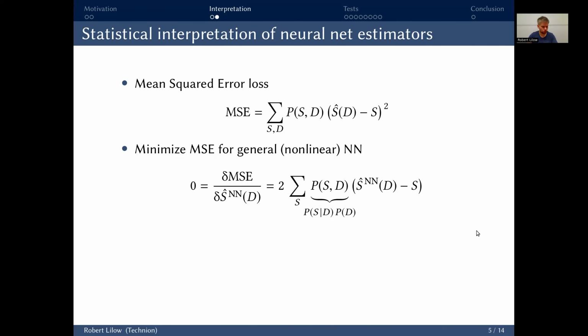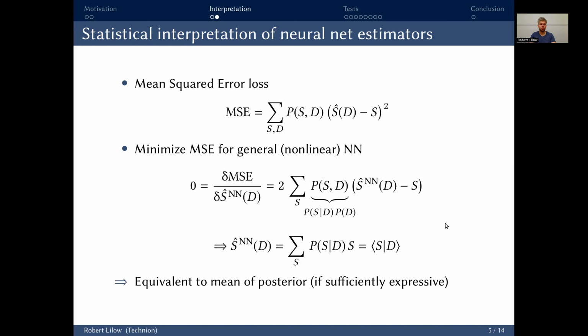Now, a full nonlinear neural network, of course, is different. But we can still repeat this exercise. We still assume the same mean squared error, but just generalize the argument for finding the optimum by not assuming a specific shape. We find this expression, and after a few manipulations, you quickly see that a general nonlinear network should find the mean of the posterior of your signal given the data.